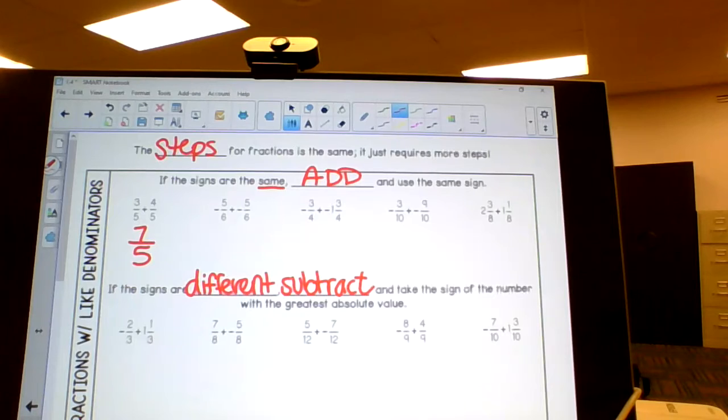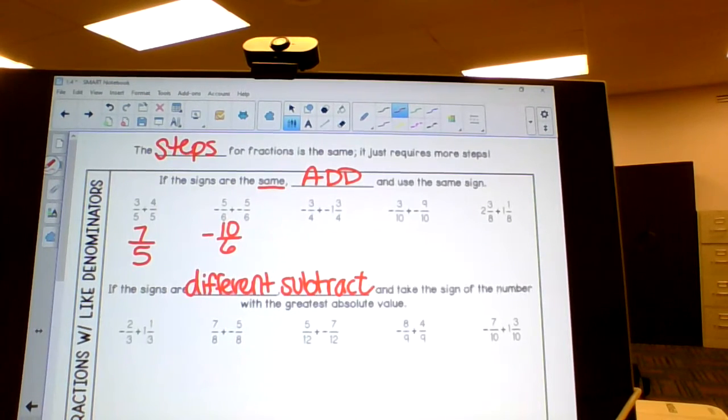Okay, this next one. A negative and a negative. They're both negative fractions. So same sign, add and keep. So 5/6 plus 5/6 is, what's 5 plus 5? 10, so that's going to be negative 10/6, because it's same sign, add and keep. Now, look at 10/6.